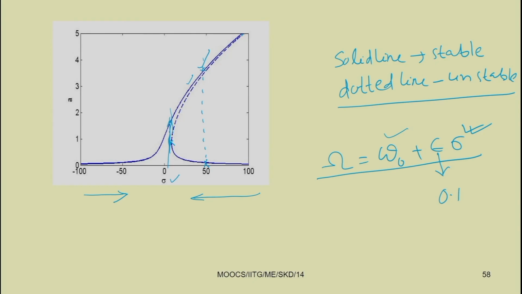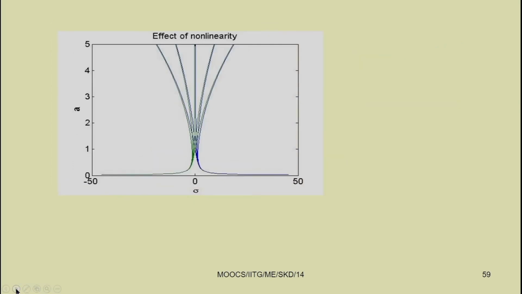By changing the system parameter, for example taking different values of nonlinearity, with increasing nonlinearity we can have the hardening effect, and by taking minus alpha we can have the softening effect.